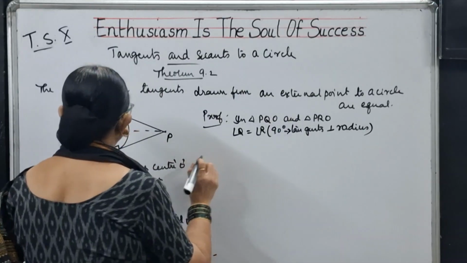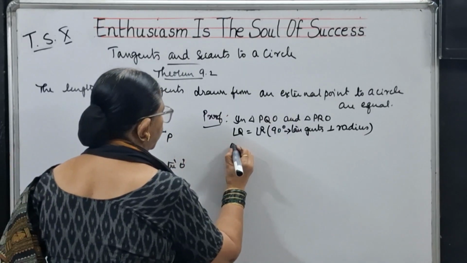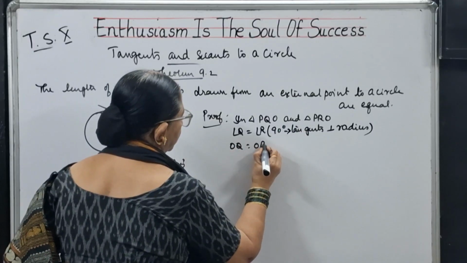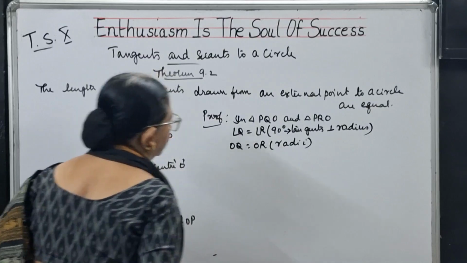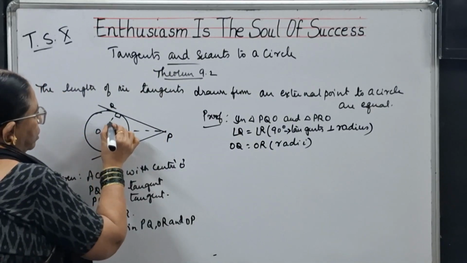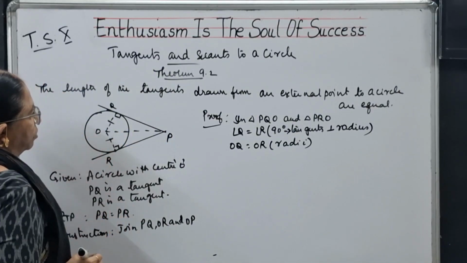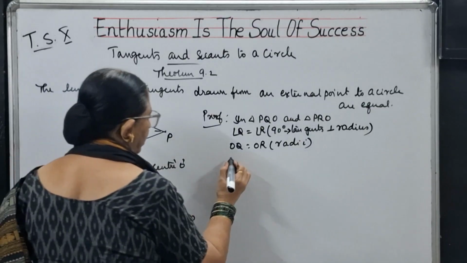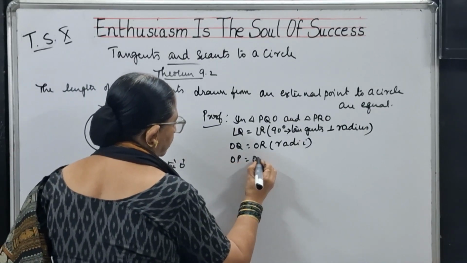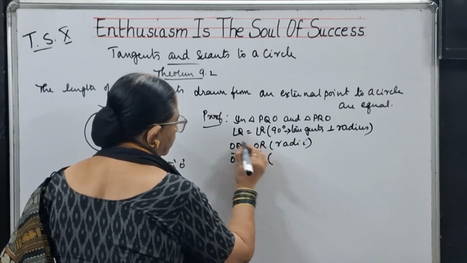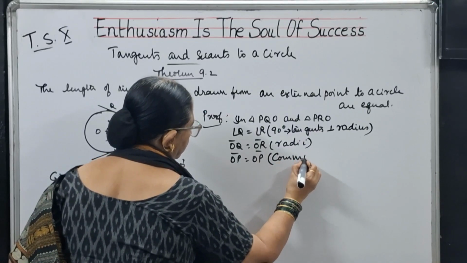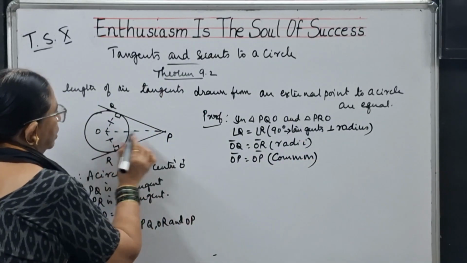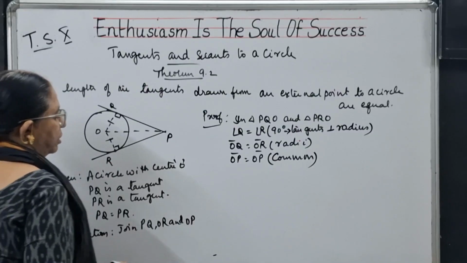And then what else can we say? OQ is equal to OR. They are radii. Radius is singular, radii is plural. And OP is equal to OP, common. Both of them have the common side OP.